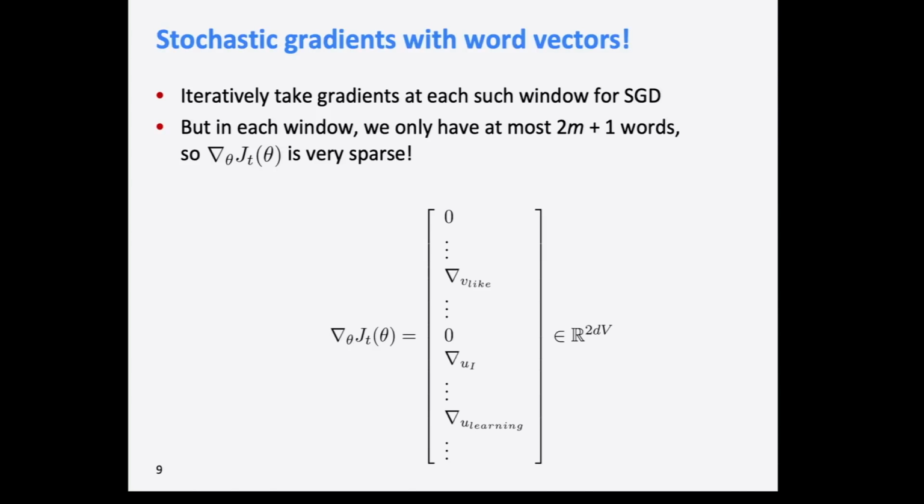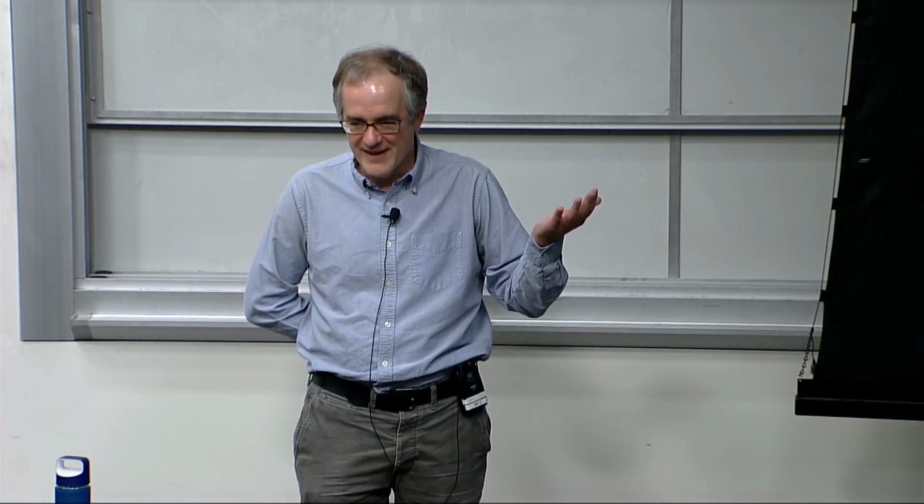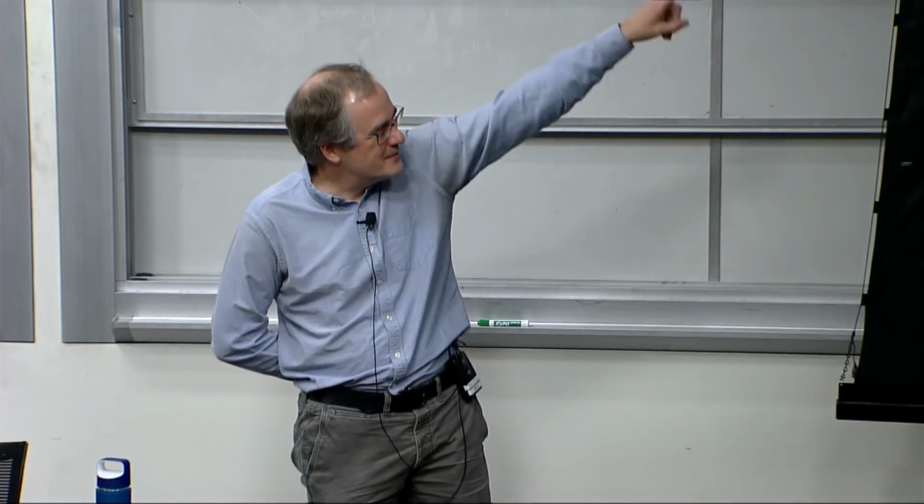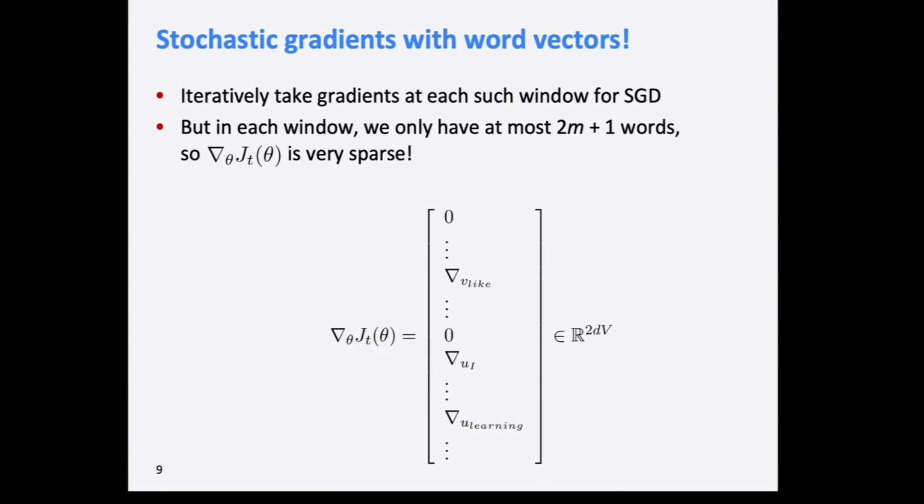If you have a mini batch of size 32 and a window size of 10, there are probably only about 100 to 150 different words in it, yet we're building this model over a vocabulary of 250,000 words or something like that. So just about all of the elements in this vector are 0.